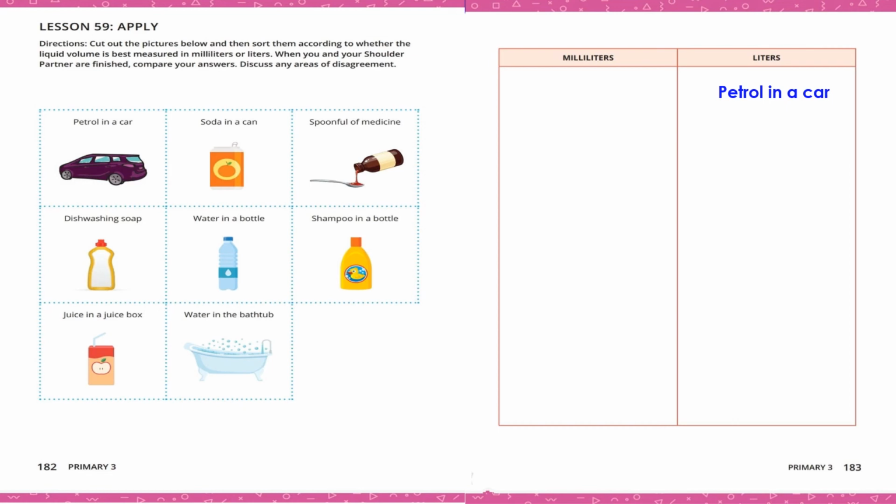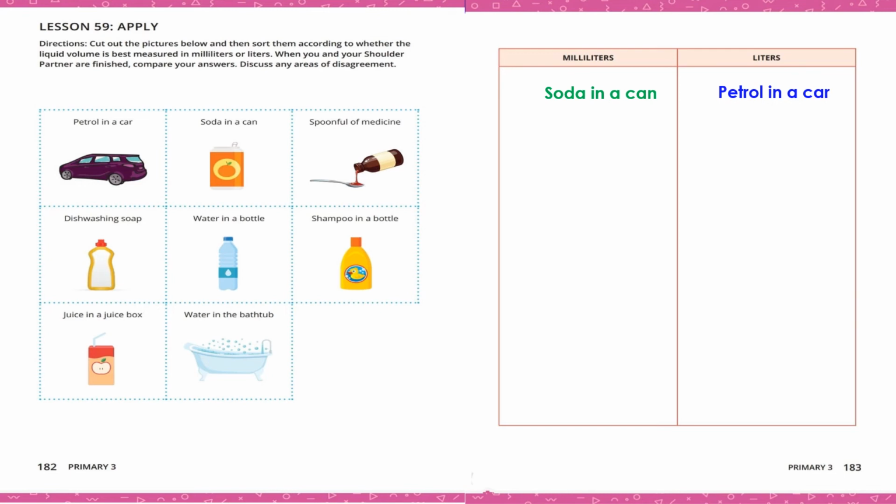Number 2, soda in a can. Small amount or big amount? Yes, it's a small amount, so we will use milliliters. Number 3, spoonful of medicine. It's a small amount or large amount?